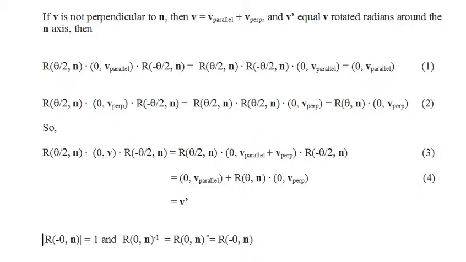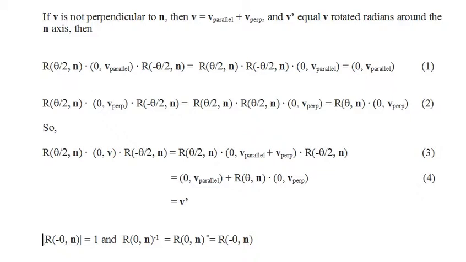And line 1 shows that r theta over 2 n times the quaternion representing v parallel times r minus theta over 2 n leaves v parallel unchanged. Line 2 shows that r theta over 2 n times the quaternion representing v perpendicular times r minus theta over 2 n is equivalent to r theta n times the quaternion representing v perpendicular, which rotates it theta radians.